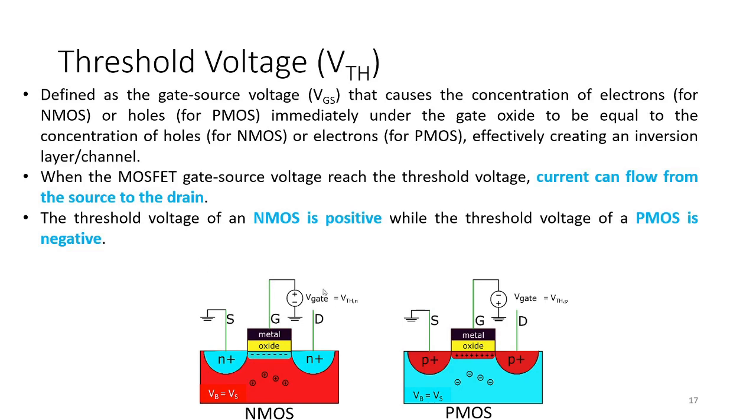The threshold voltage of an NMOS is positive because we need a positive voltage in the gate to create the channel, and for the PMOS it must be negative in order to create a positive hole channel. So this threshold voltage is defined to be the voltage needed. If the gate voltage is less than the threshold voltage, there will be no channel and no path between source and drain.